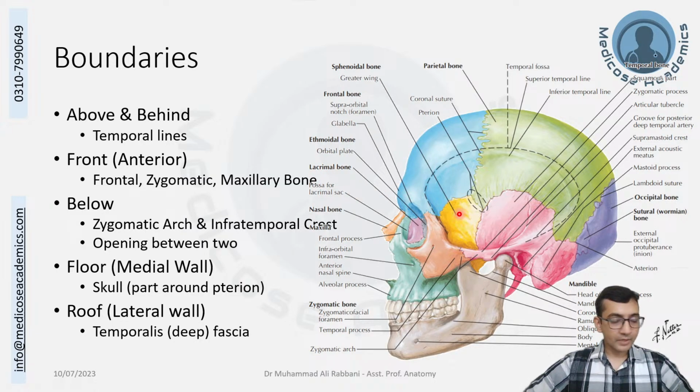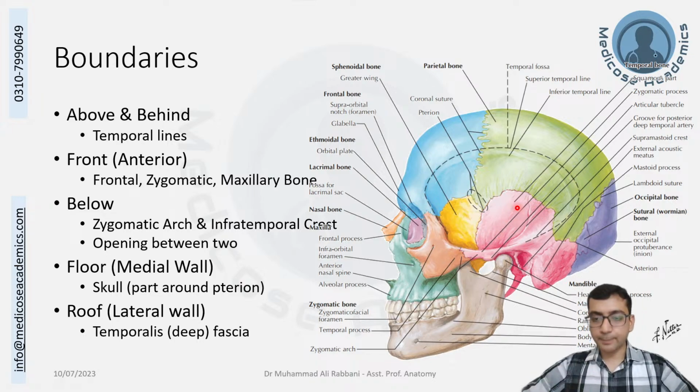Below this part are the medial and lateral aspects, so let's talk about that. First, we have done above and behind, the front. Let's first do the roof and the floor. The floor is the medial wall.